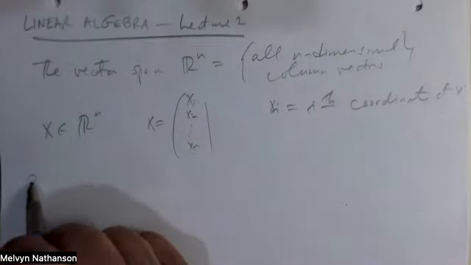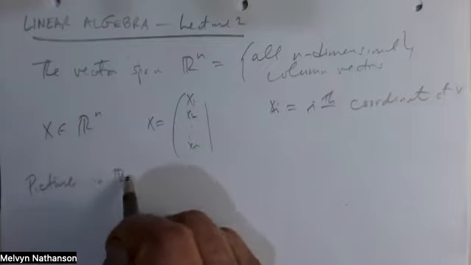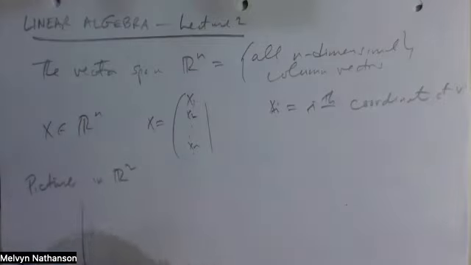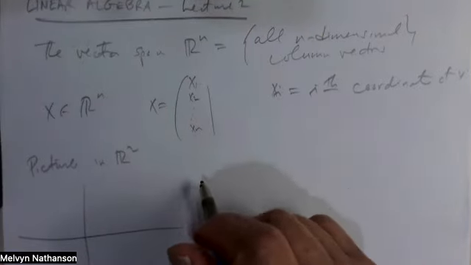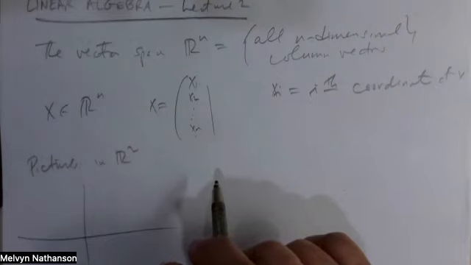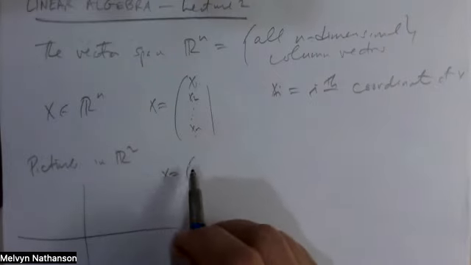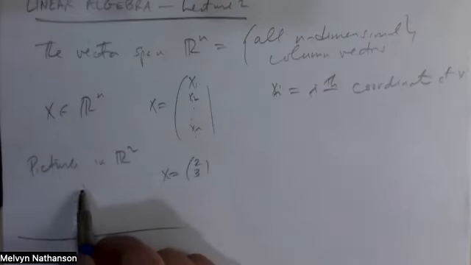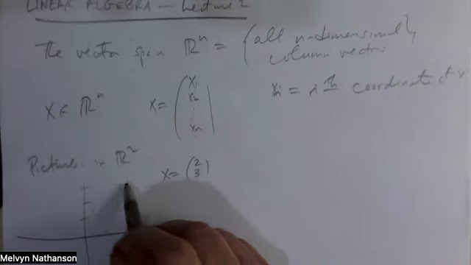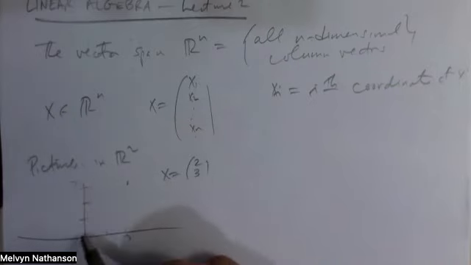So there are nice pictures we can draw in 2 and 3 dimensions. In R2, we can think of a vector as having coordinates x and y, or x1 and x2. If you take the vector x equal, for example, 2, 3, here's the point in the plane with coordinates 2, 3.